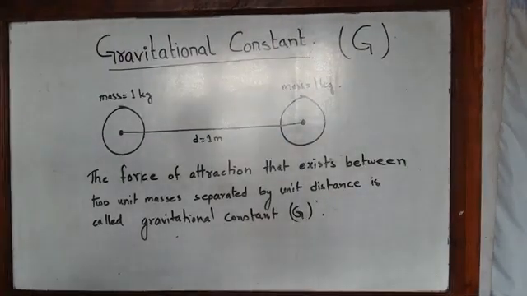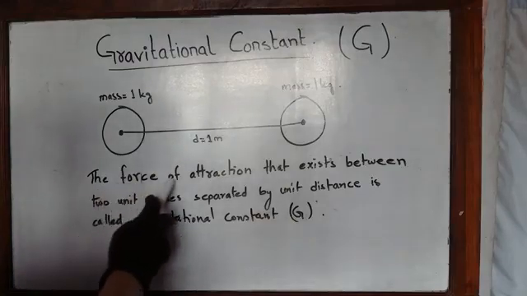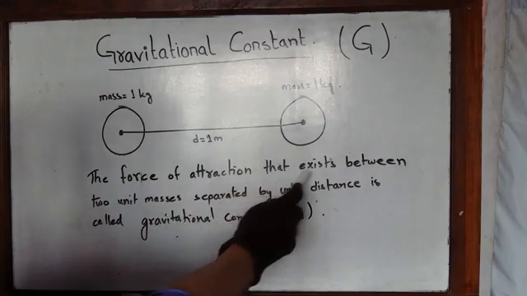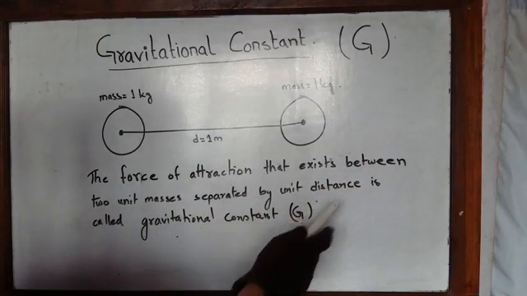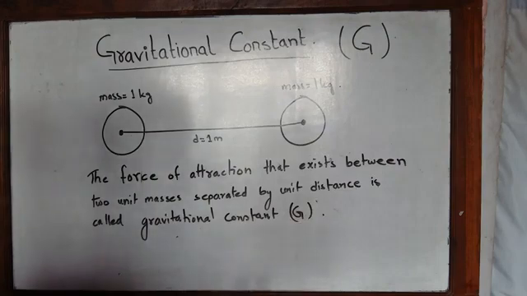Here we have the definition of the gravitational constant. It says the force of attraction that exists between two unit masses separated by unit distance is called the gravitational constant.